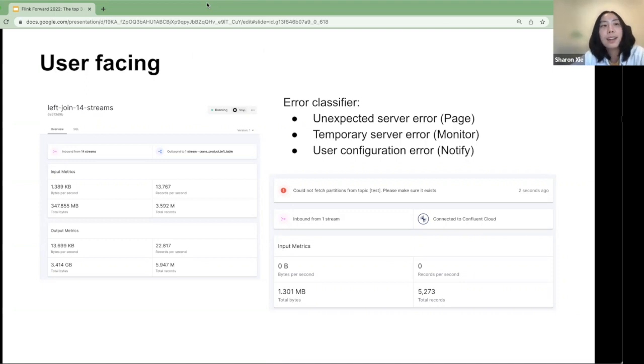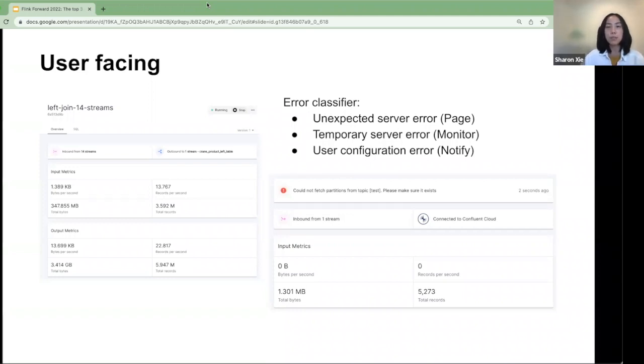So internally, we created an error classifier that would categorize all those exceptions into three buckets. The first one being unexpected server error. That means that's an error we've never seen before. We don't know what's happening. Page our on-call engineer to go and figure it out. The second one being temporary server error, is the cause of known errors to us, and we know it will auto resolve itself.